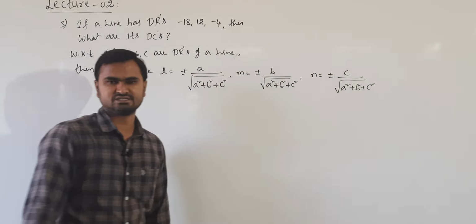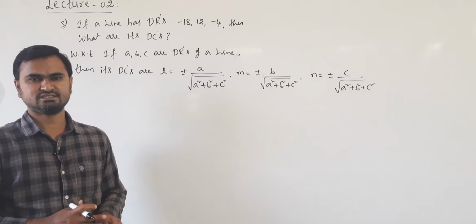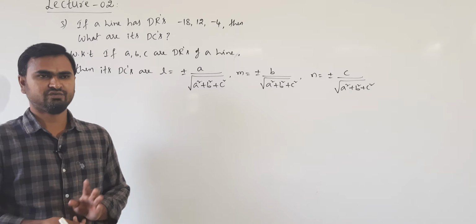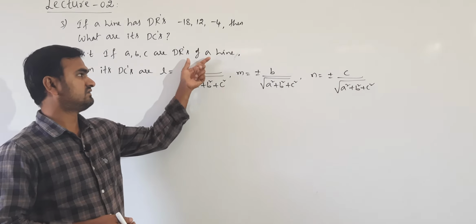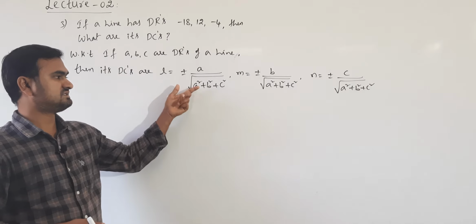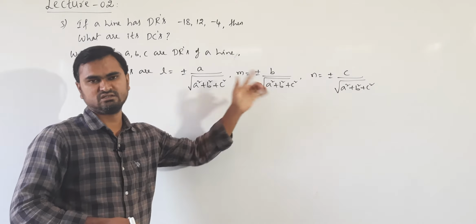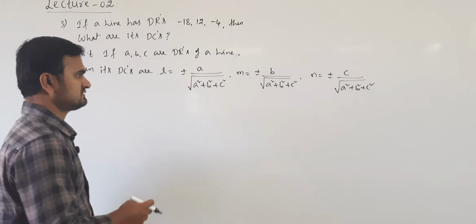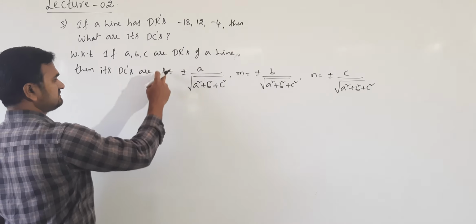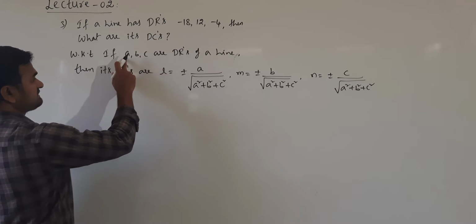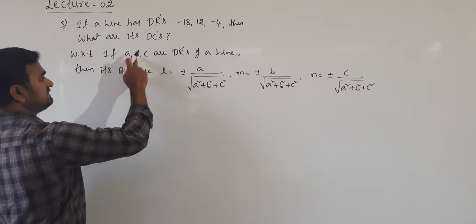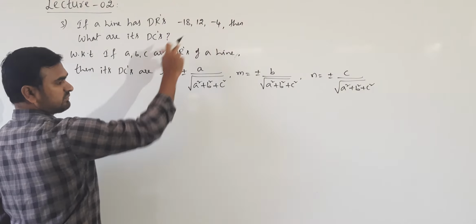So last class we discussed the relation between DCs and DRs. Okay, when DCs are given, we can find DRs, and when DRs ABC are given, we can find DCs LMN using these formulas. Okay. So now we need DCs. So substitute here. So here for DRs I will take A as minus 18, B as 12 and C as minus 4.